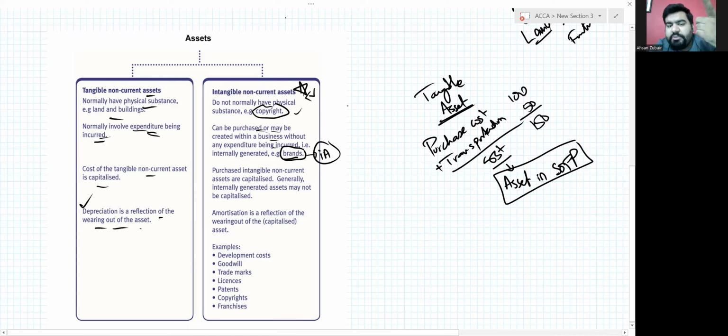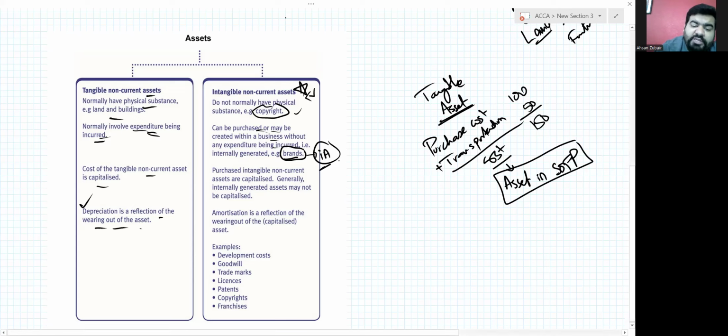If you revise the definition, it was something that has present control. On the brand name you have present control, and it will create future economic benefit. It is intangible because there is no physical substance.